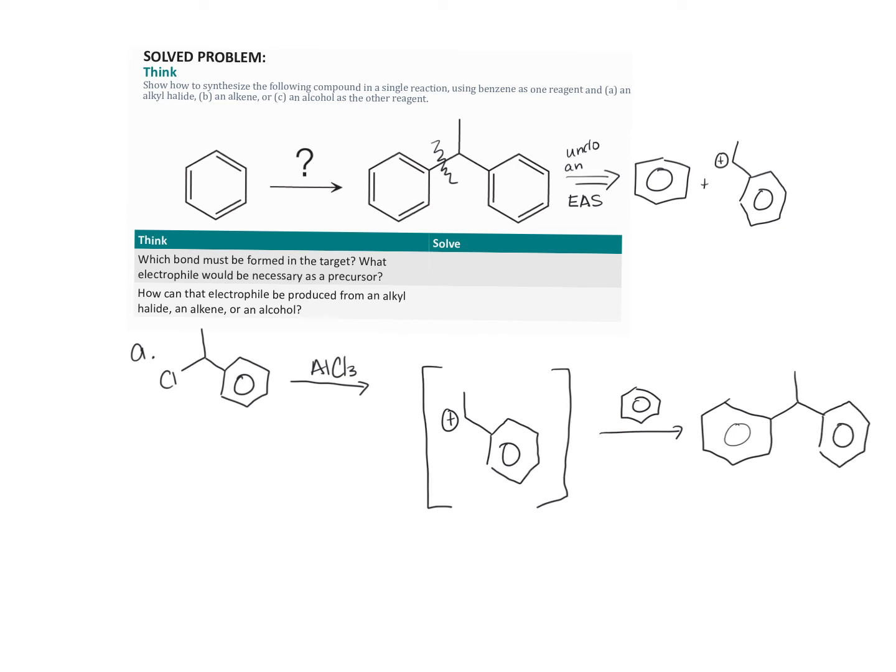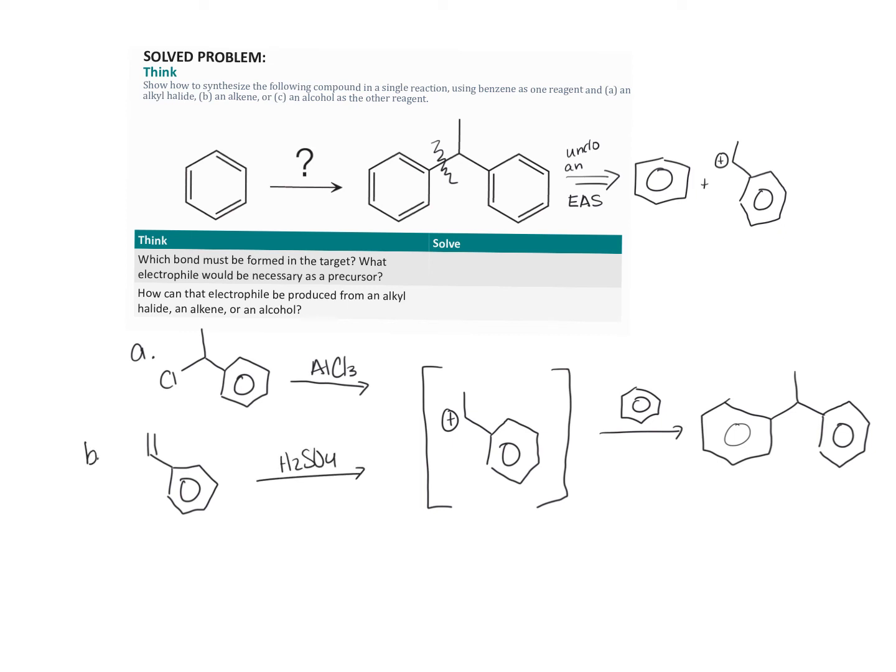Okay, then for the next one, it's saying, what about an alkene? Well, if the structure looks like this and I use an acid, H2SO4, then I would get that intermediate.